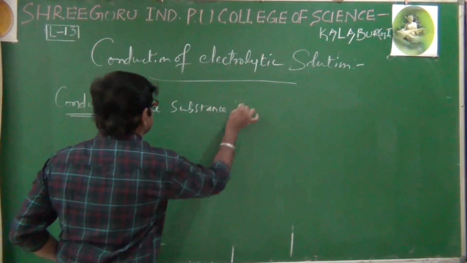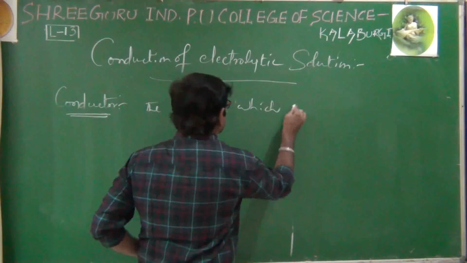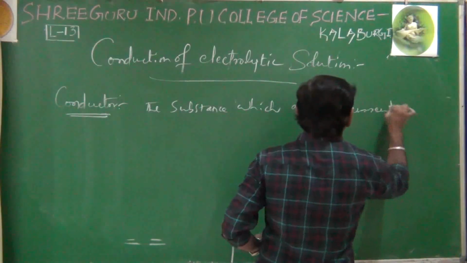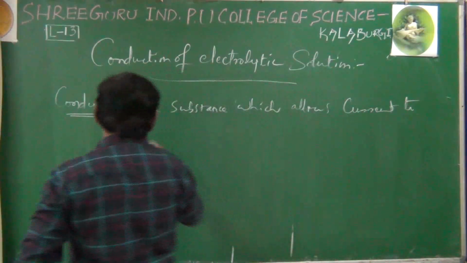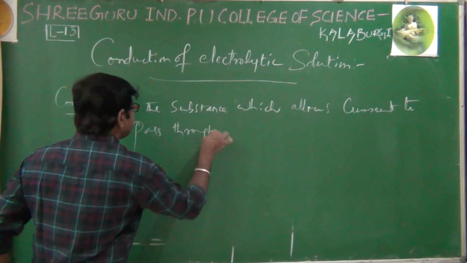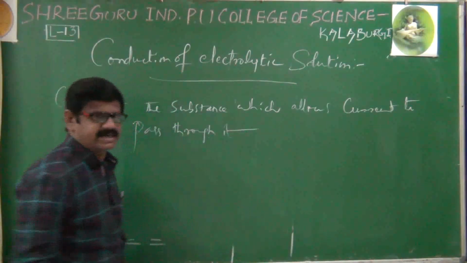So how to define it here: the substance which allows current to pass through it is called a conductor.